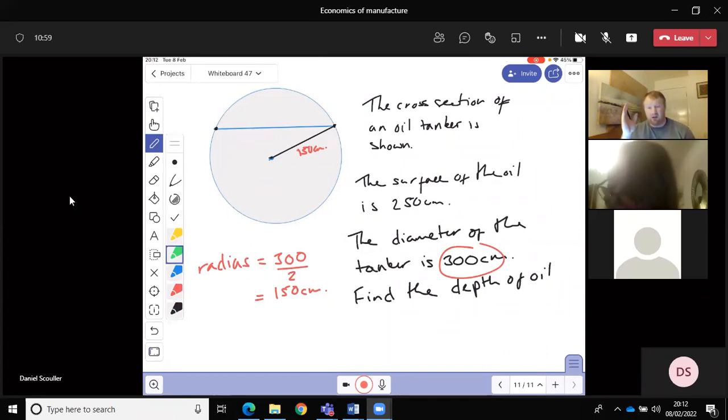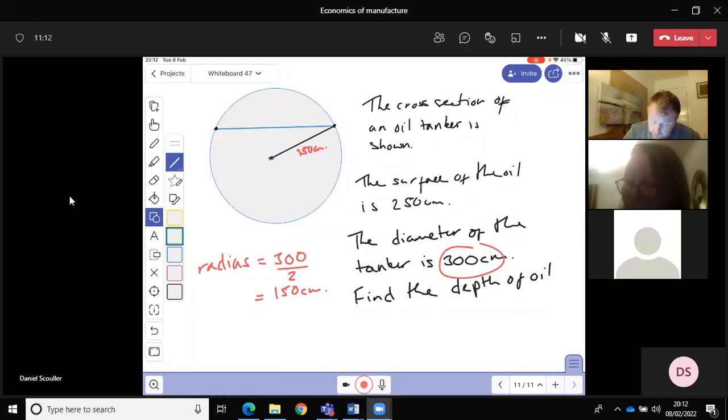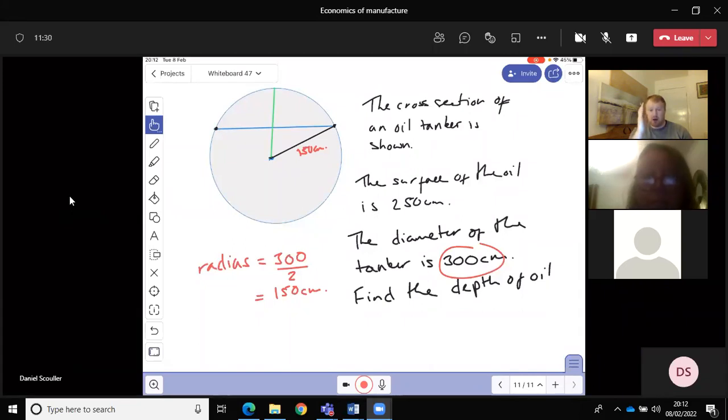Now, how I told you to create that right angle is we take a line from the centre of the circle and we cut the chord with a perpendicular. So we take a line from the centre, and we cut that chord in half. Where that's cutting is right in the middle of the chord.